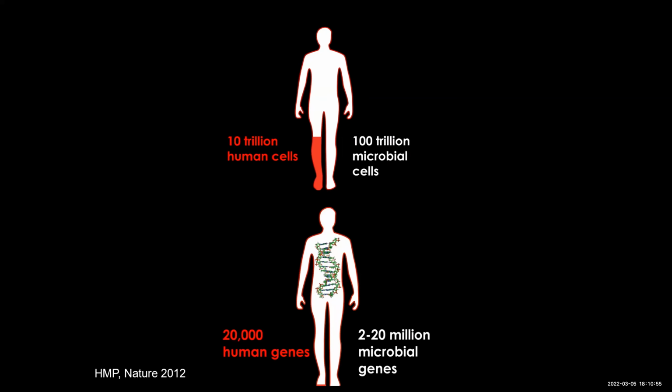All these microbes encode a lot of genes, which in turn encode functions that are important to our physiology and homeostasis. So that's just to give you a little bit of an impression of how important our microbes are.